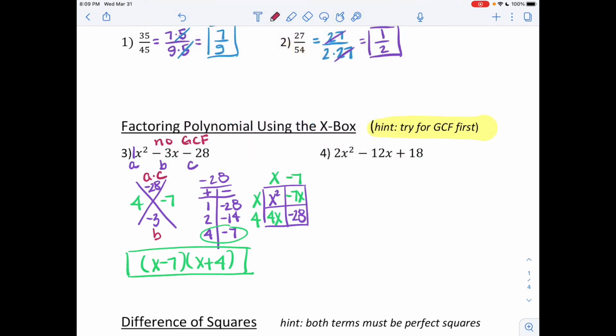And I want to look for a greatest common factor. And I notice that my A value is a 2, B value is negative 12, and then I have a positive 18. Well, 2 will divide into all of those evenly, so I have a GCF equal to 2.